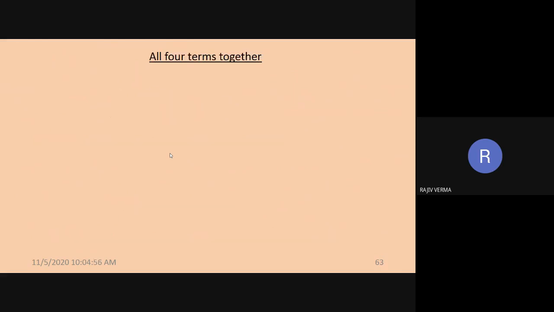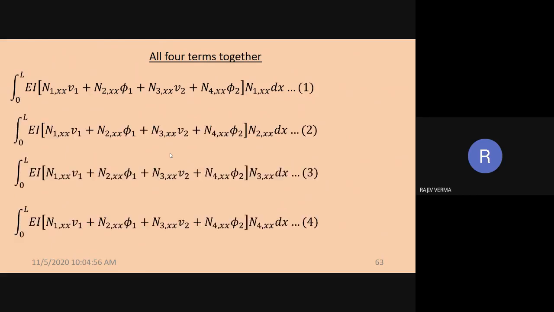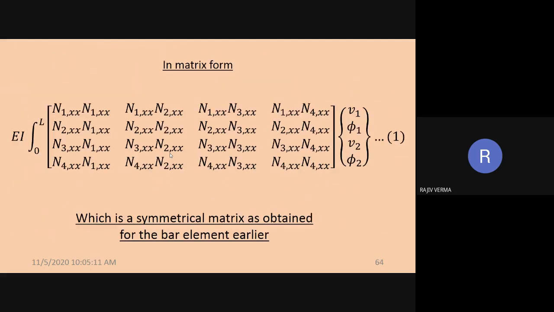This gives us the left hand side of the 4 equations, and all these 4 equations together are equation number 1, 2, 3 and 4 on display. These are the left hand side of the 4 equations. The entire equation is yet to be developed. These simply are the left hand side of the 4 equations, which obviously can be written in a matrix form.